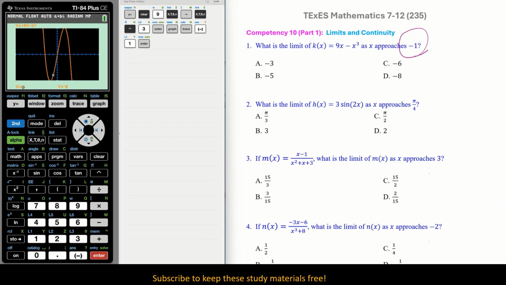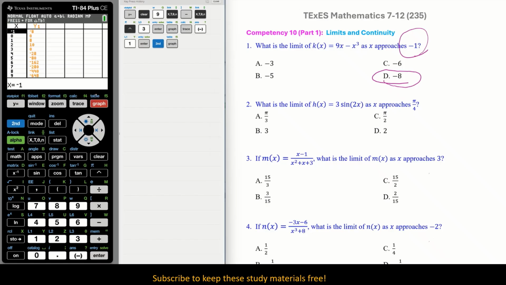Now look at what it does for us. It automatically says -8. There we go. Now let's go to second graph. That gets us our table. Scoot over and it says again -8. So you always need to remember there are two ways to go with this. And that's very evident in the next one.